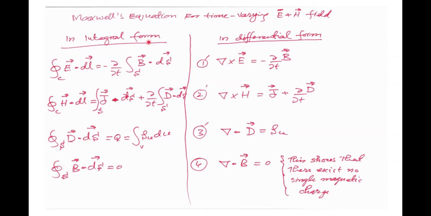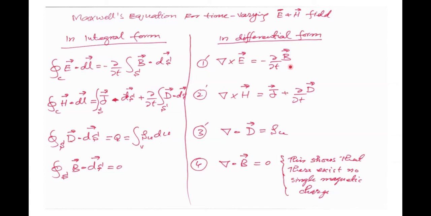In integral form, Faraday's law can be expressed as the contour integration of E dot dl equal to minus partial by partial t of the open surface integration of B dot ds. In differential form, using Stokes theorem, you can replace this integral form of Faraday's law of electromagnetic induction for the time varying field by the differential form.